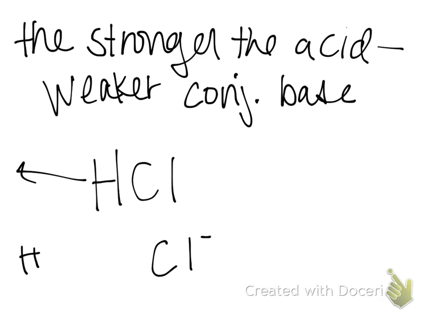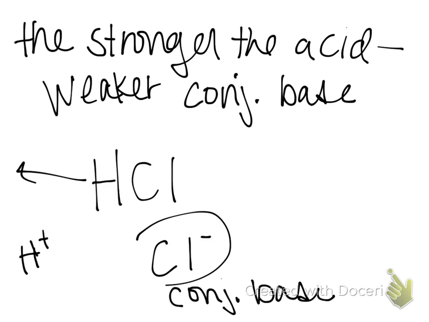So we're left with a proton that's gone somewhere else, and we're left with the conjugate base of Cl minus. How well do you think Cl minus is going to do picking up a proton? Do you think it's going to be very willing to do that? No, right? It wanted to get rid of that hydrogen so bad. That's what made it a strong acid.